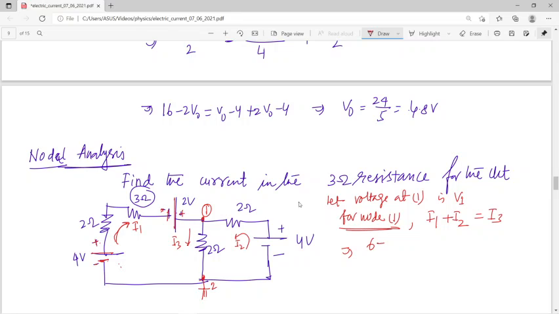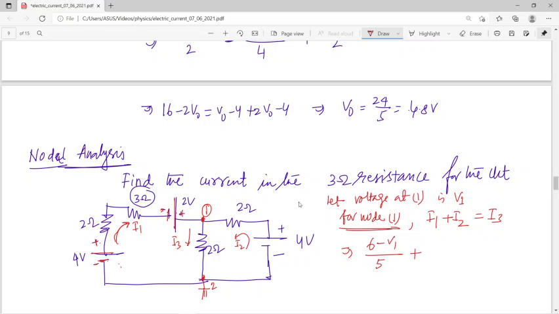When the battery is connected from negative to positive, that is taken as positive. The potential at 1 is V1, that is the potential difference, and the total resistance is 5.